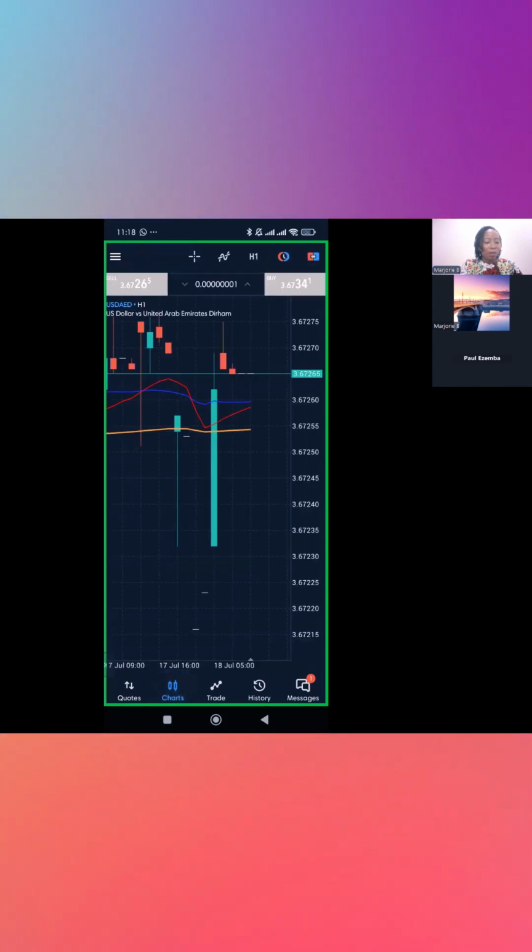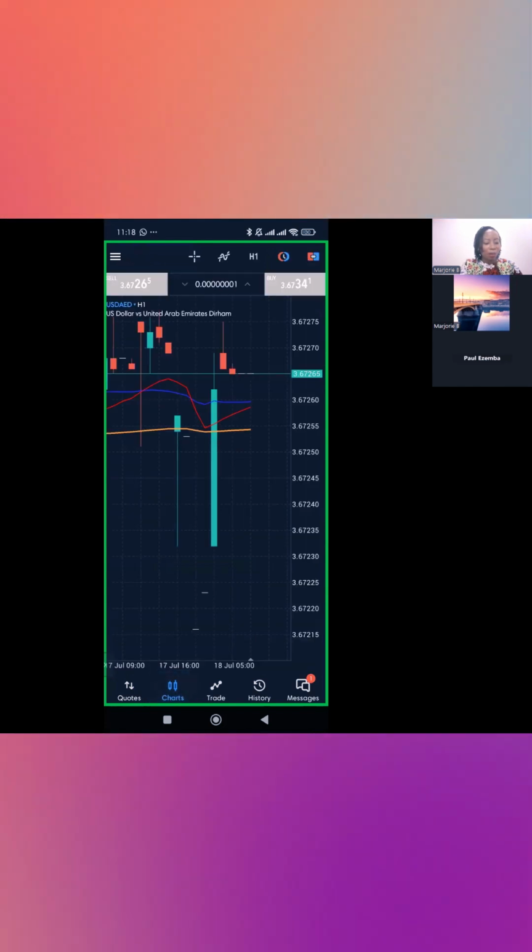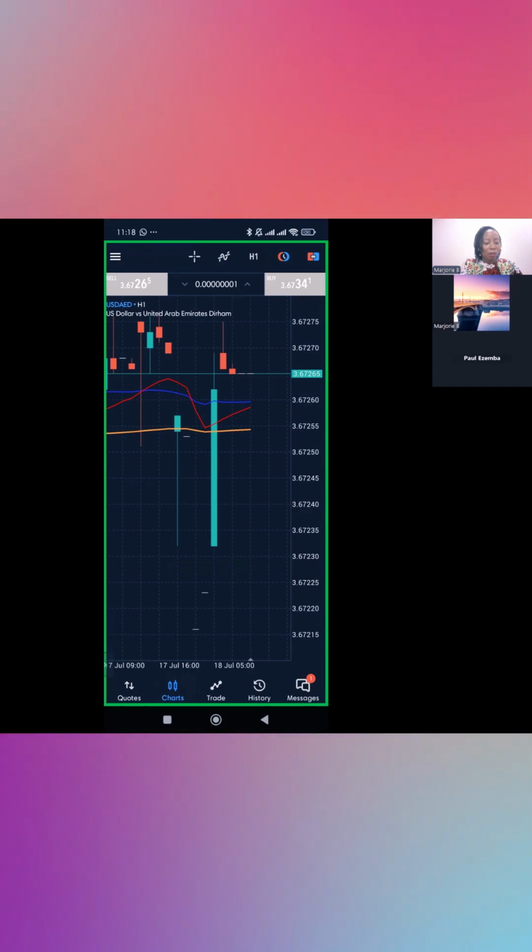The charts are the same as well. The trade tab, if you have an active trade, is the same as well. And the history is the same as well. So let me put an example trade idea. Let me see a new order.